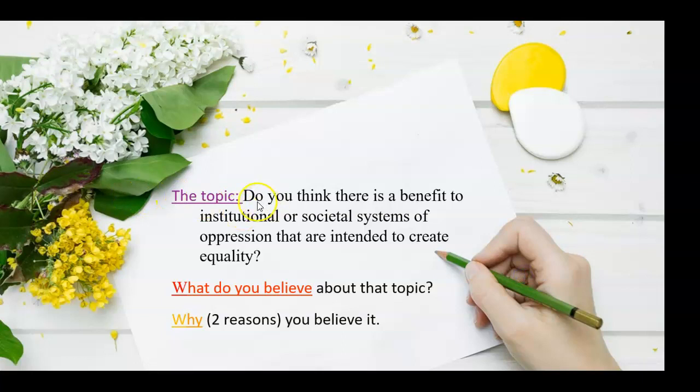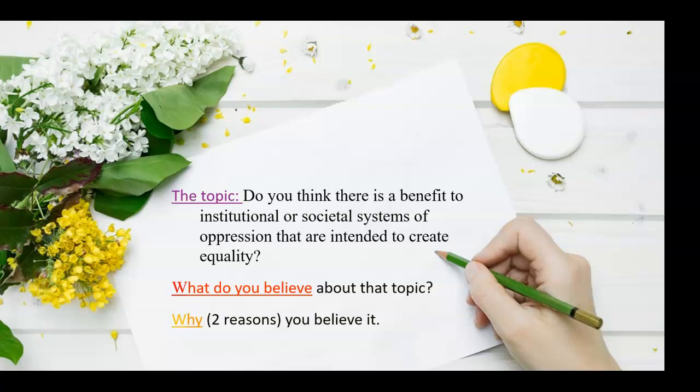Okay, so the topic. Do you think there's a benefit to institutional or societal systems of oppression that are intended to create equality? What do you believe about that? Is that a yes or is it a no? Do you believe that there's a benefit or not? And then why? If you say yes, I do believe that there's a benefit in systems of oppression intended to create equality because, you're going to give me 2 reasons.